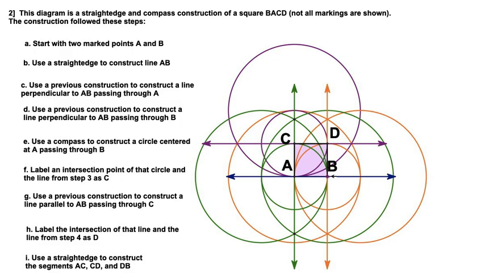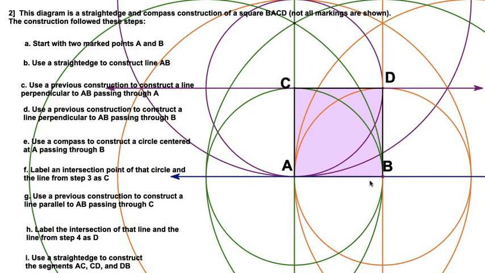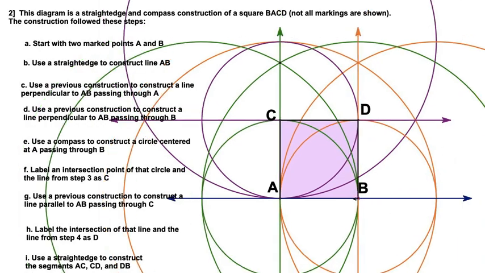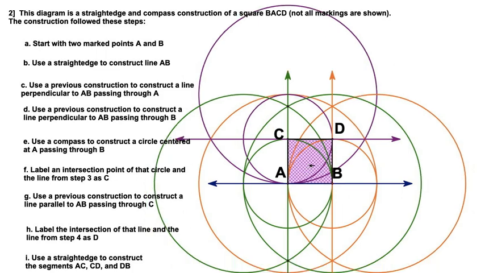Now, if you wanted to zoom in on it so you could get a better look, those are the various construction marks you can see. A lot of unnecessary construction marks here. I mean, we had this, and honestly, with the two perpendiculars, that would have given us points C and D respectively. But for some reason, we were just following this particular construction.